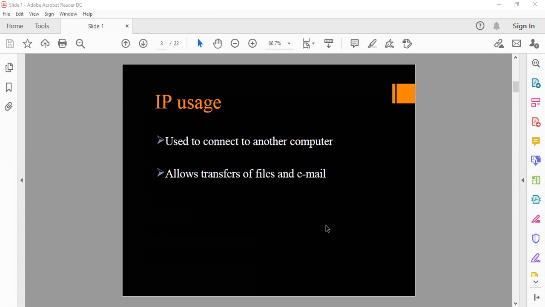It may be one to one or one to many computers. Through IP addressing, when we establish a network, we can transfer our files, our data, our emails through this address. Suppose someone wants to send a letter to his friend's house.